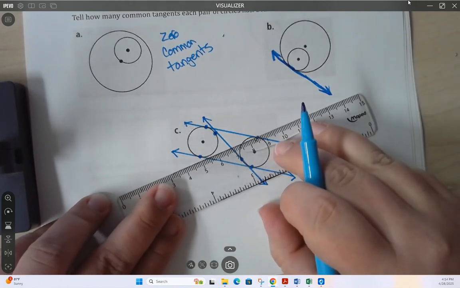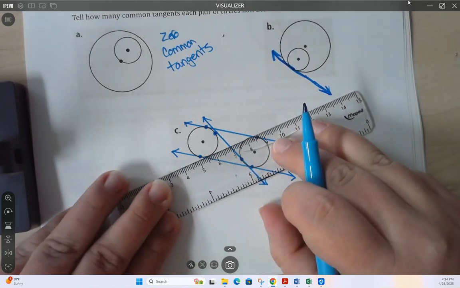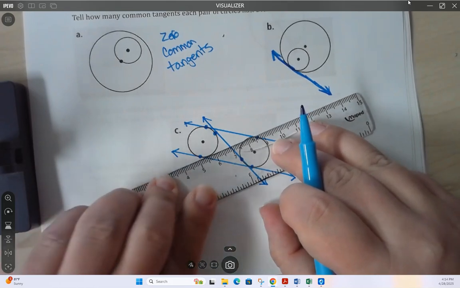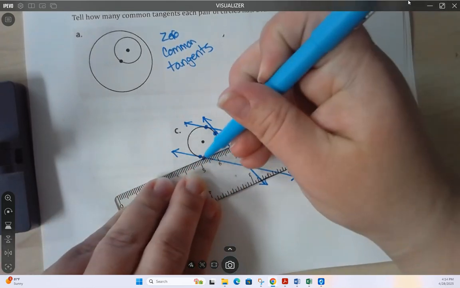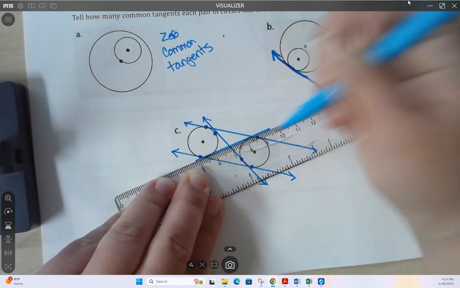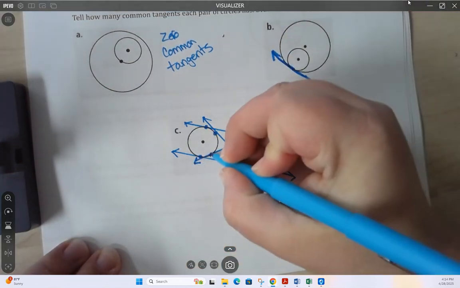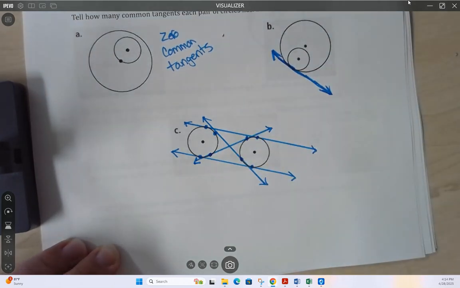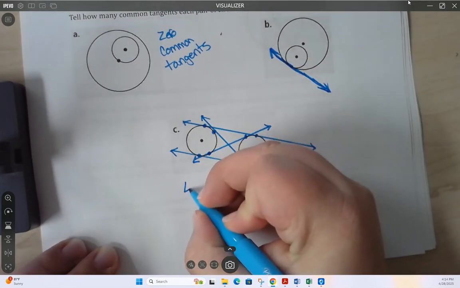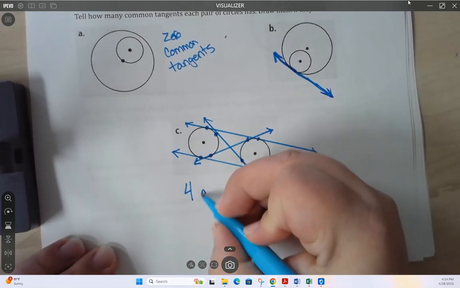And there's going to be one going the other way. Now let's see if I can get this one a little bit better. Maybe. This particular set of circles has 4 common tangents.